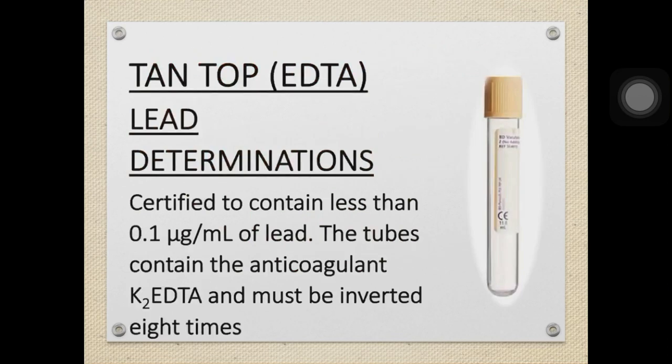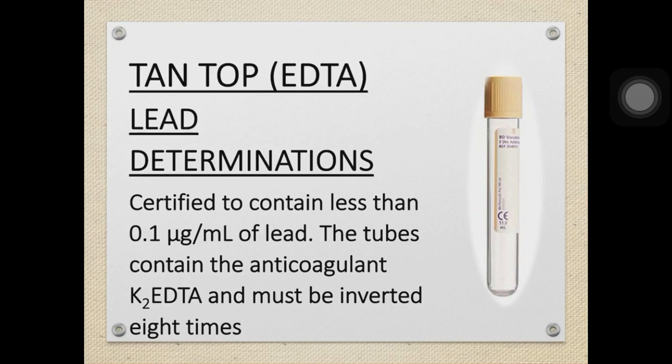Na-mention po natin ang lead poisoning. Remember, for lead poisoning, ano yung preferred sample? Whole blood. Ano pong stopper ng tube ang gamit for determination ng lead? Tan stopper, kasi among the tubes, ito yung tube na pinaka-konti ang amount ng lead.